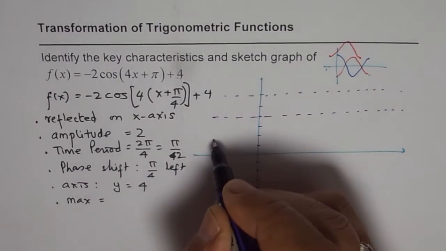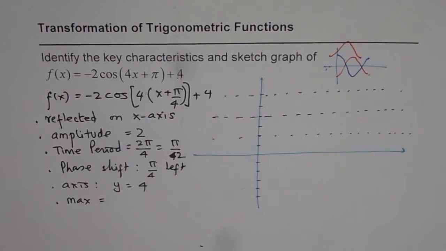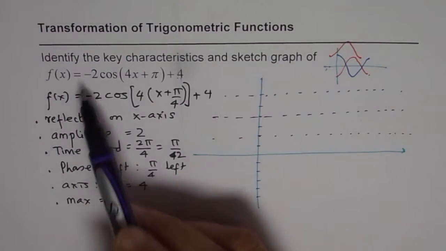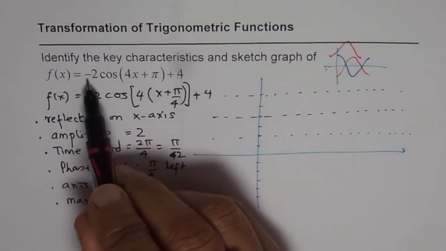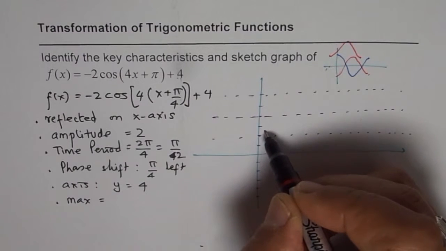And 2 down. Right? So that is how it is. And the minimum will be at the starting point, since it is reflected. So because it is reflected, we will have a wave which will be starting from here, right?